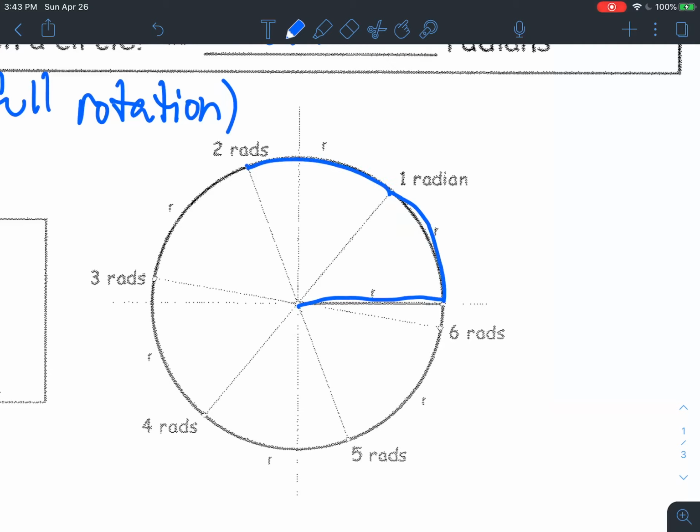That same length here is 2 radians. Another side of the radius, 3 radians. And you can see right there, half the turn, that would be approximately pi. Well, I'm sorry, it'd be approximately 3.14, but pi radians. Here's another length of the radius, 4 radians, 5, 6, and then a little bit more.